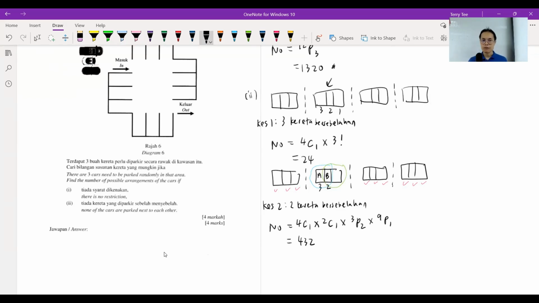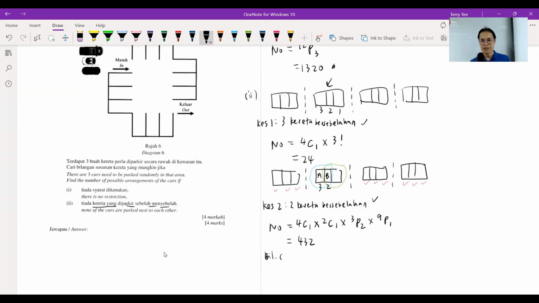That is, if you don't want any cars parked next to each other, tiada kereta diparkir sebelah menyebelah, you take the total minus the cases where they're sebelah menyebelah. All right. So bilangan cara, the number of ways, this is your final answer.